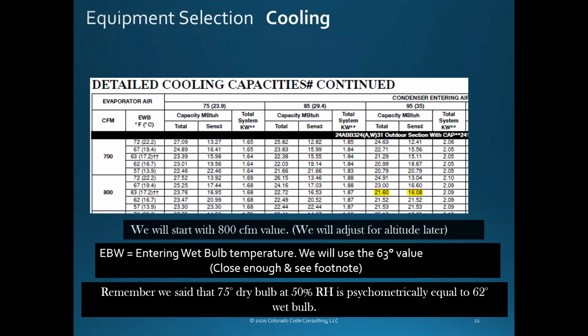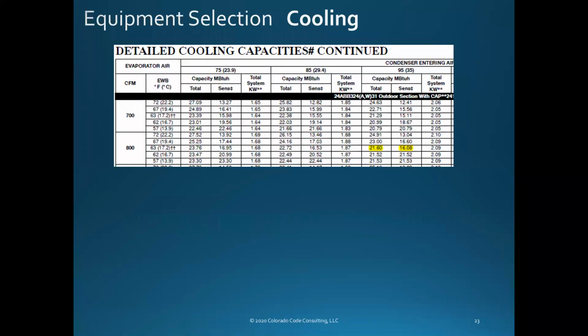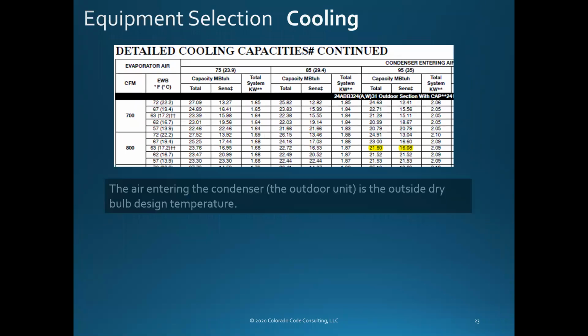We're going to start with this 800 CFM piece. Then we're looking at that 15,832, that's what we're looking for. We got 0 latent, so let's move on and keep looking at this, and we're going to show you some pretty cool stuff with this chart.